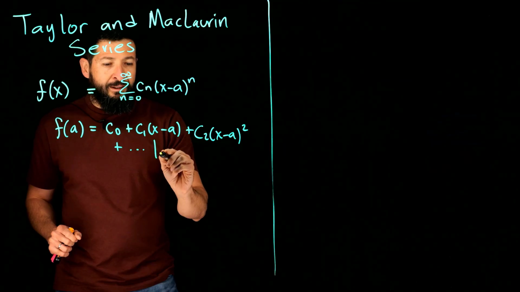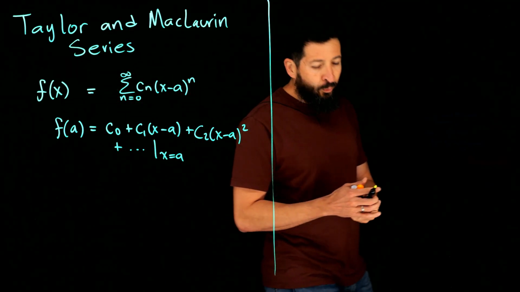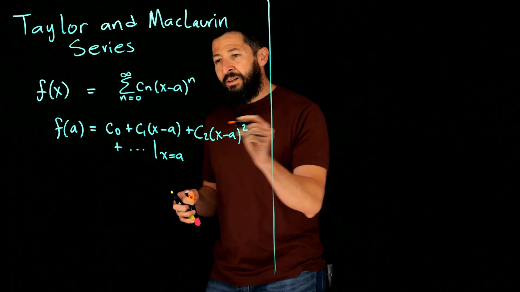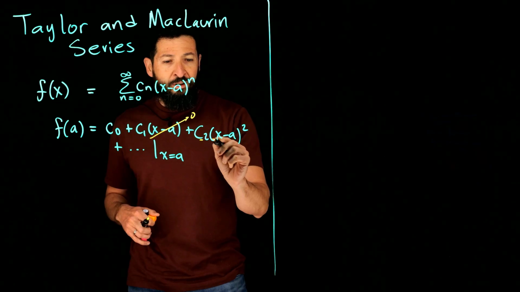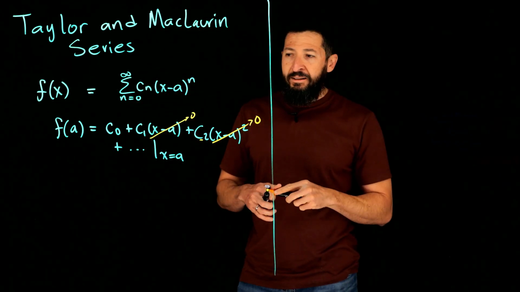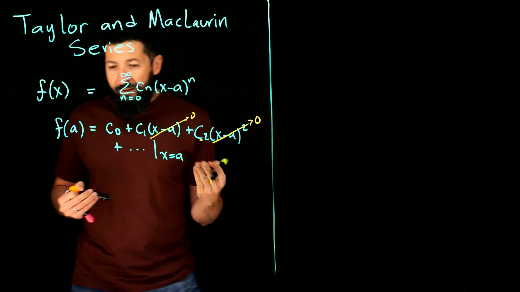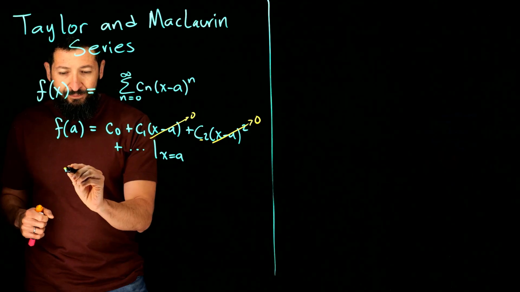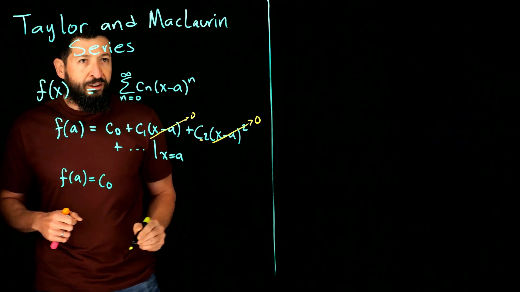And I'm going to evaluate this at x equals a. So when I do that, notice that this becomes 0 because I get a minus a. This term becomes 0. So the tail end of my series, it all cancels out, and I end up with f of a being equal to c naught.